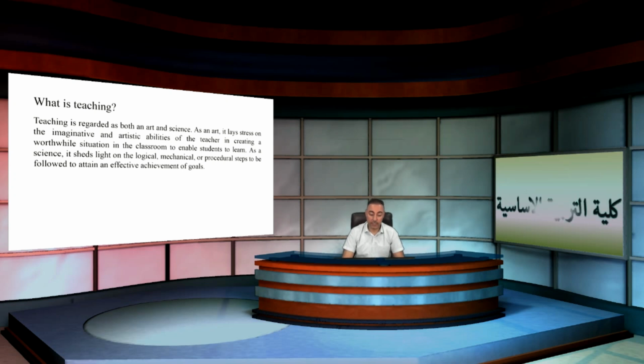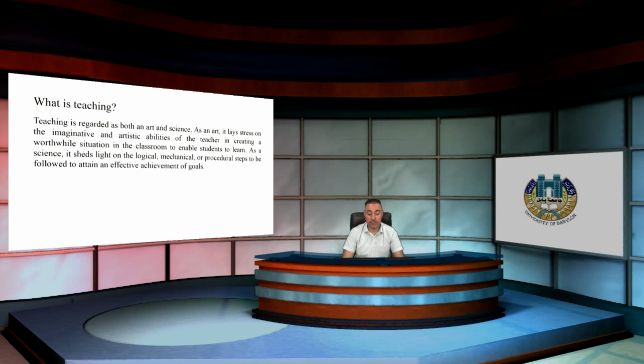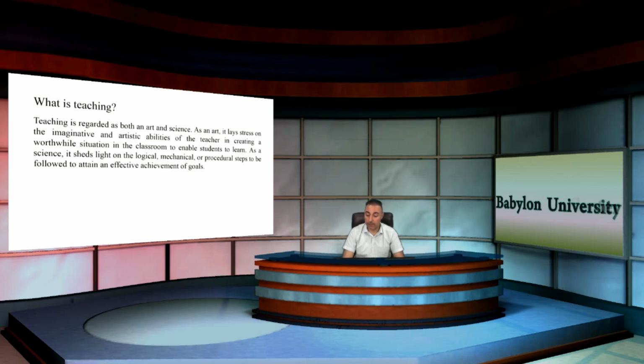So today, before we dive into this lecture, we just have to focus on an overview of teaching and what it means. Teaching is regarded as both an art and a science. If we talk about it as an art, it lays stress on the imaginative and artistic abilities of the teacher in creating a worthwhile situation in the classroom to enable students to learn.